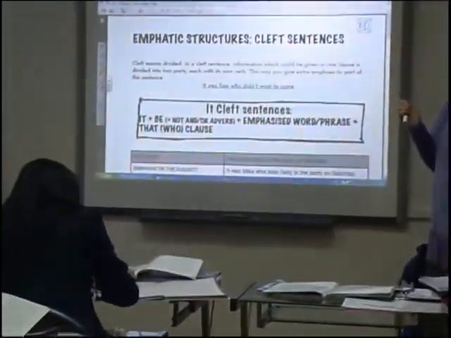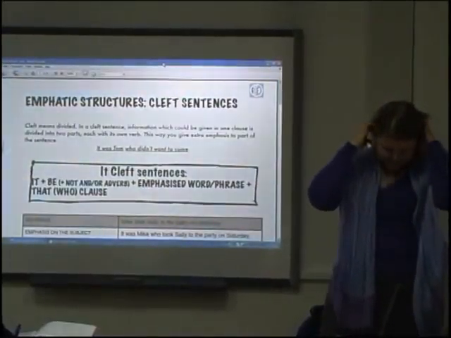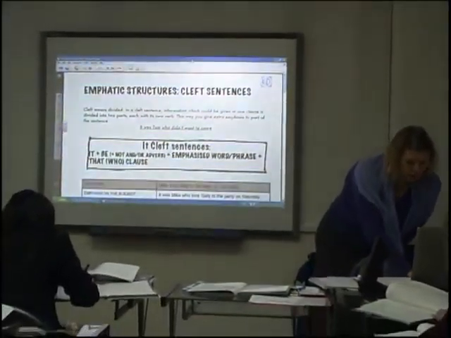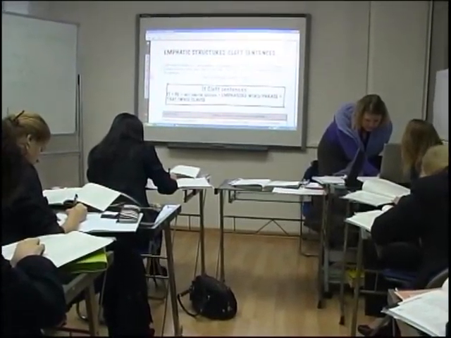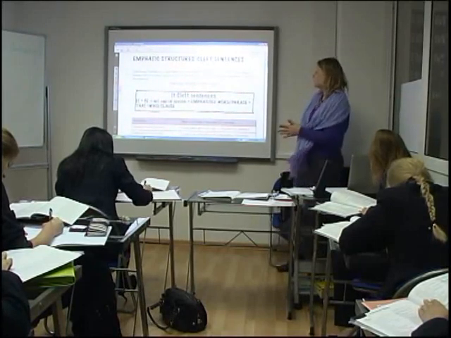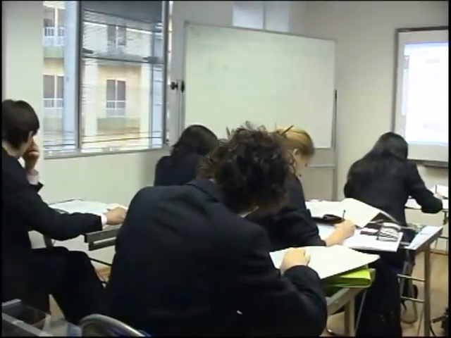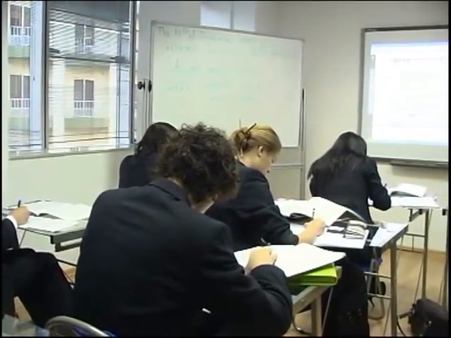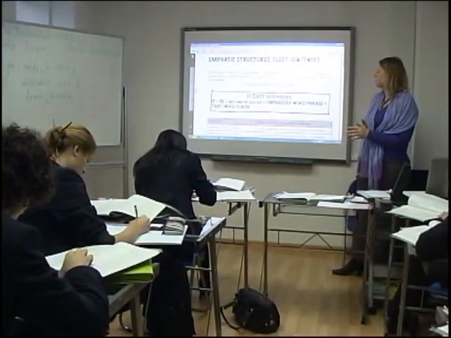Cleft sentences are used to help us focus on a particular part of the sentence, and to emphasize what we want to say. And now pay attention to the smartboard.